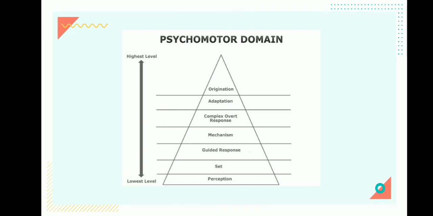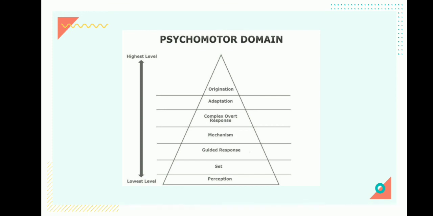Next, set, the readiness to act. For example, an obese person displays motivation in performing planned exercise. Guided response, the ability to imitate displayed behavior or utilize trial and error. For example, a person follows the manual in operating a machine.